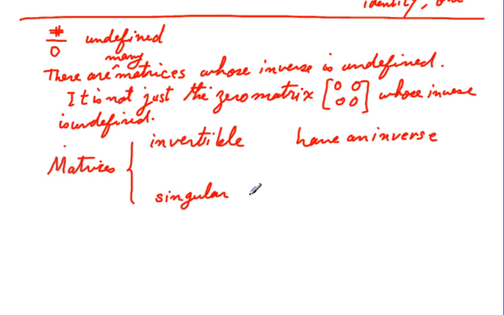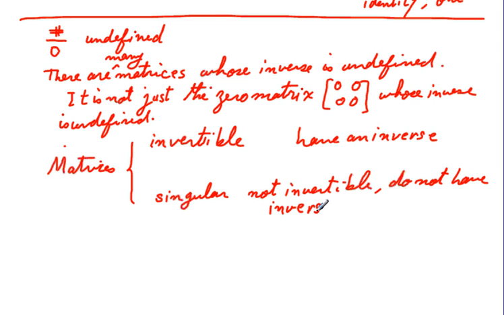So they are not invertible, meaning they do not have an inverse. We are going to have a whole slew of red flags that's going to separate these two for us, tell us who is who, and it's going to be an important issue.